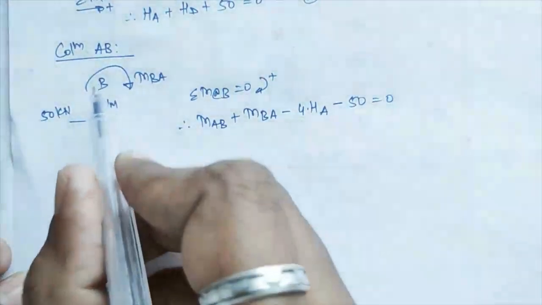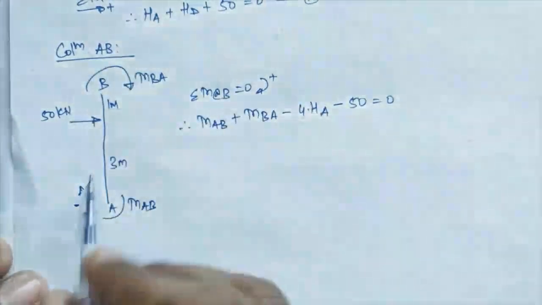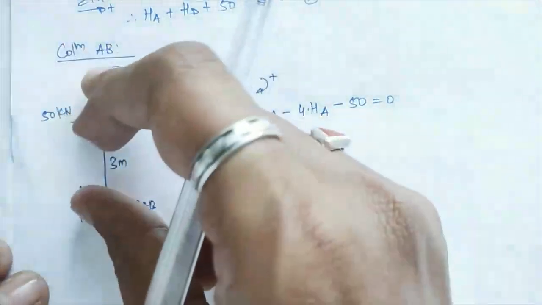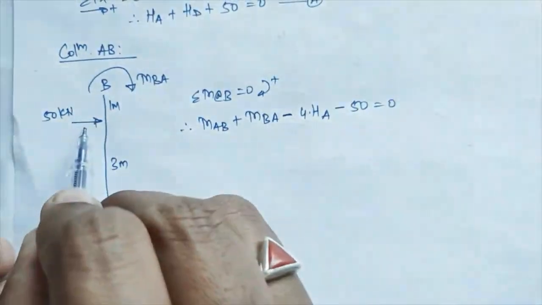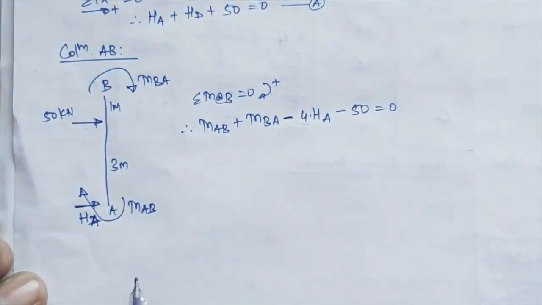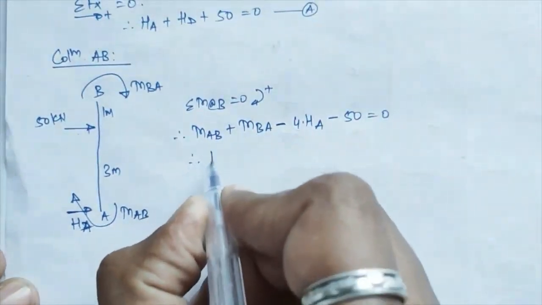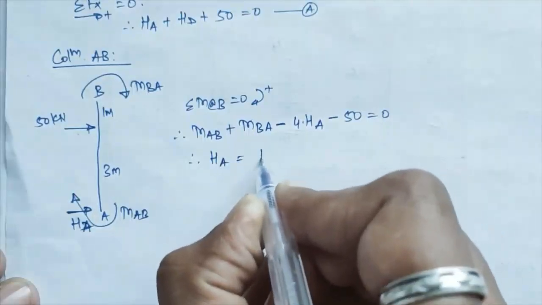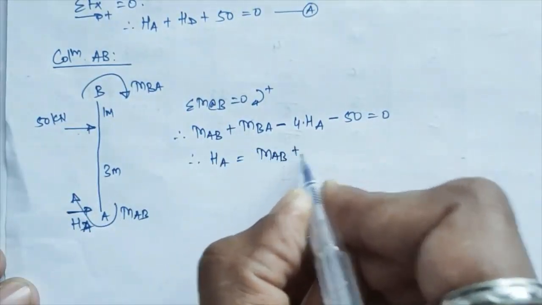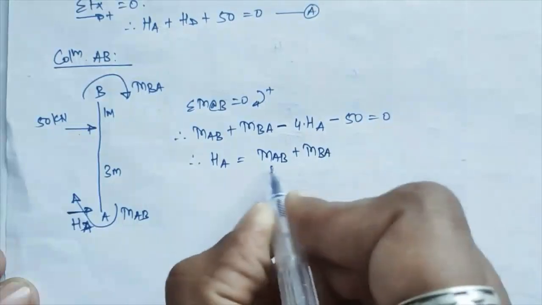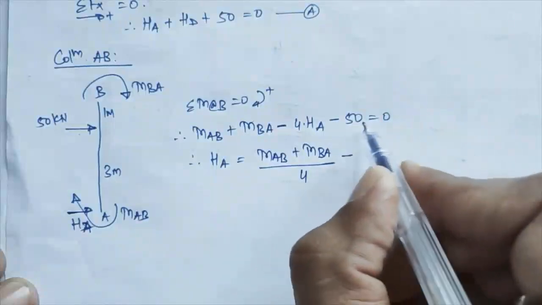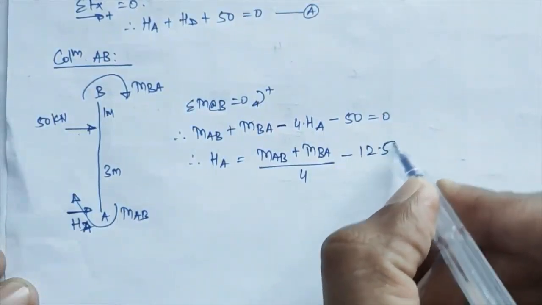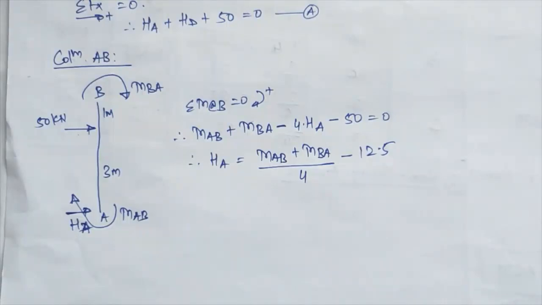You have to take the moment of all the forces. The moment of HA into distance 4 is anti-clockwise, and 50 into 1 gives 50. Simplifying for HA, I get MAB plus MBA divided by 4 minus 50 divided by 4, that is 12.5.